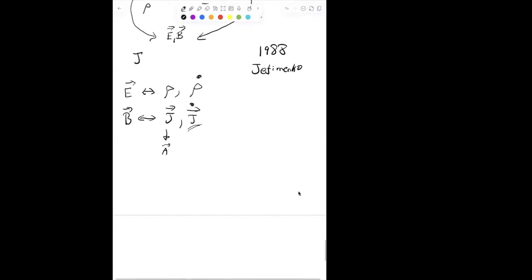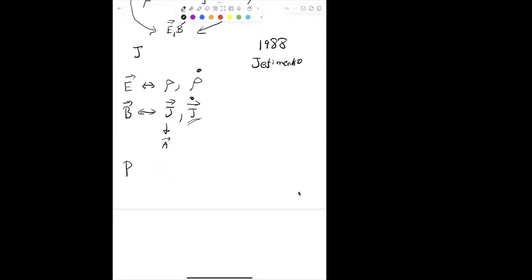Let me just write down very briefly one of these equations, just so that you can see what I'm talking about. B is formally equal to 1 over 4 pi, and then we have two integrals actually, J of r prime. Now I'm not talking about a wire, right?